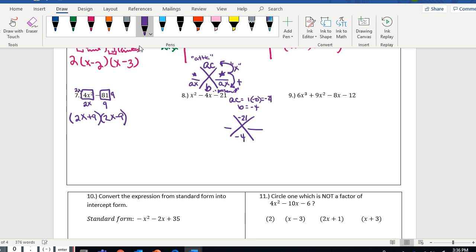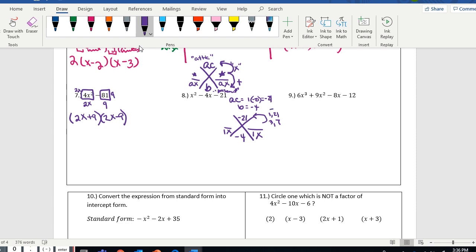Now, my A in this case is 1, so it's 1x, 1x. Then I said I have got to figure out what can go in here to multiply to give me 21. So I need the factors of 21. 1 and 21, 3 and 7. Those are the only thing that will give me 21.